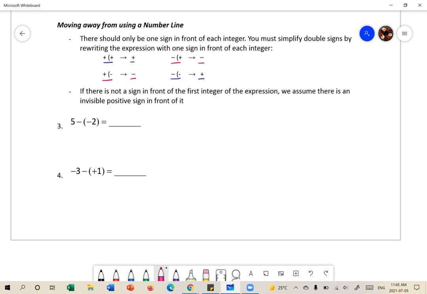If there is not a sign in front of the first integer of the expression, we assume that there's an invisible positive sign in front of it. So right now in front of 5, we don't see a positive or negative sign. So we assume that there is a positive sign in front of that 5, but we just don't have to write it.